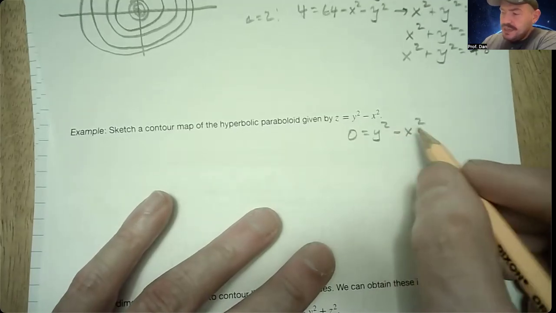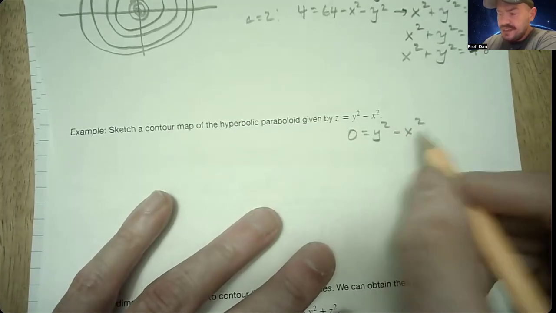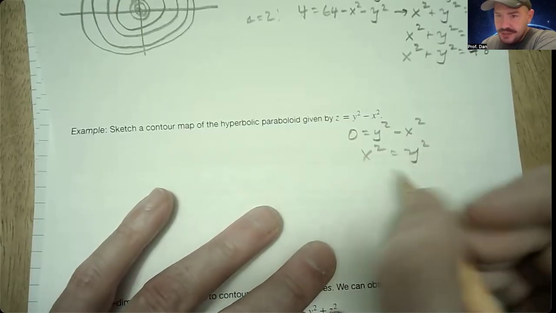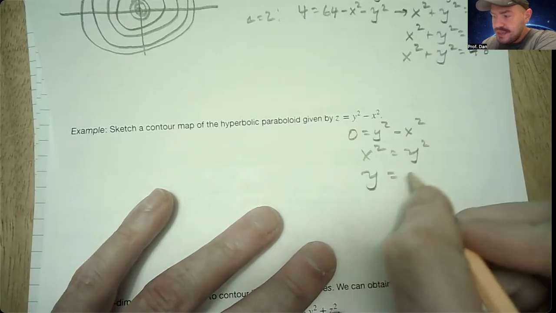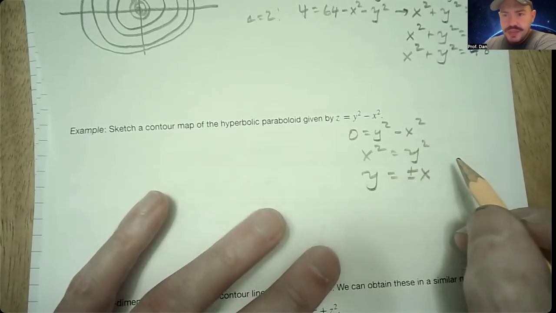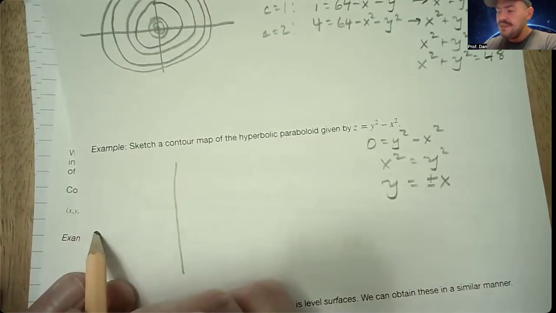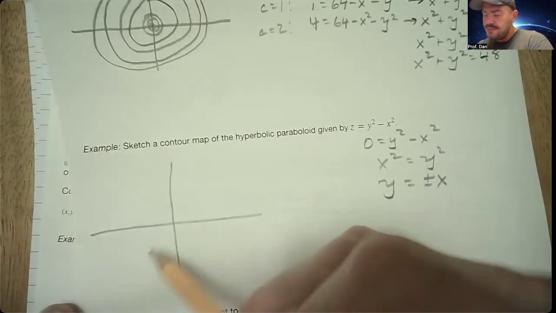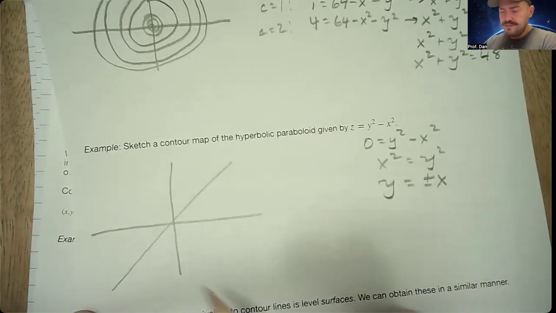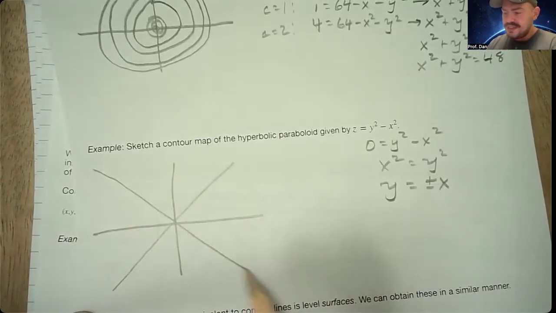So I'm going to start by adding x squared to both sides. So we get x squared equals y squared. If I take the square root of both sides, I get y is equal to plus or minus x. So y equals x and y equals negative x. On my contour map, that would correspond to y equals positive x, that's that line. Y equals negative x, that's this line.